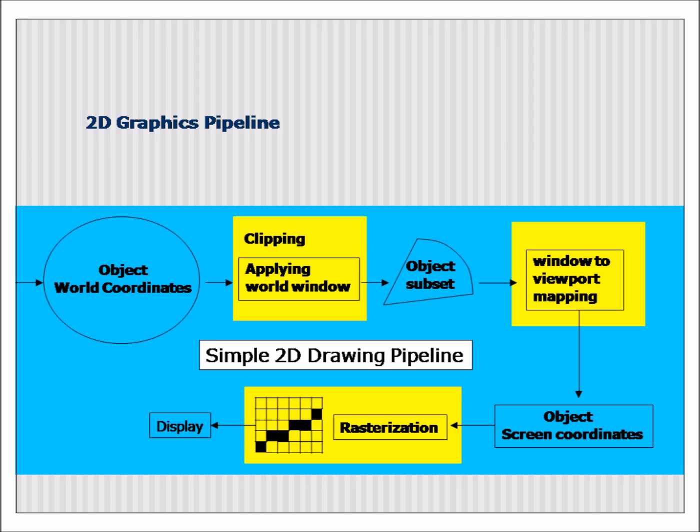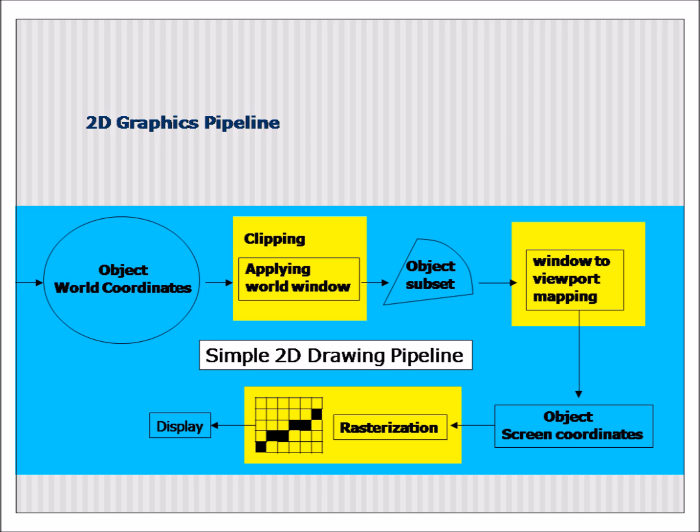If we focus on the flow diagram, starting from the upper left, the first step is object world coordinates, which are called 3D coordinates. Then the process of clipping is applied. It is mandatory if the objects do not lie on our view plane. After this process, we have an object subset.